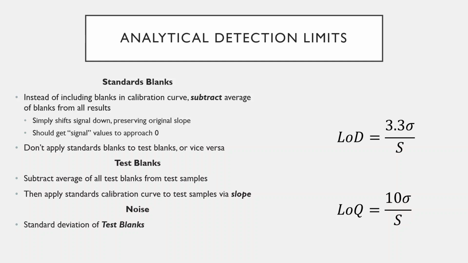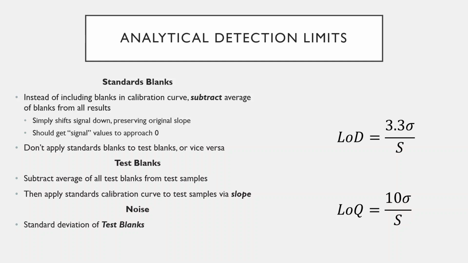Then you want to apply the calibration curves using just the slope because you're not interested in that y-intercept, but you're going to use basically a y equals mx calibration curve or a standards curve in order to go from your analytical result, absorbance values, CPS values for your ICP, and turn that into a quantitative concentration.